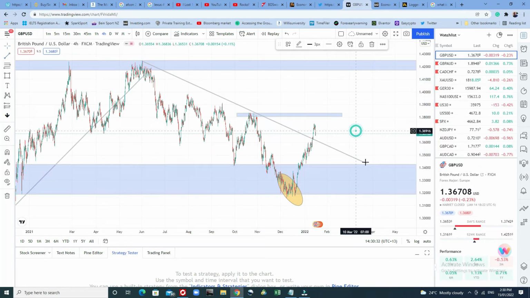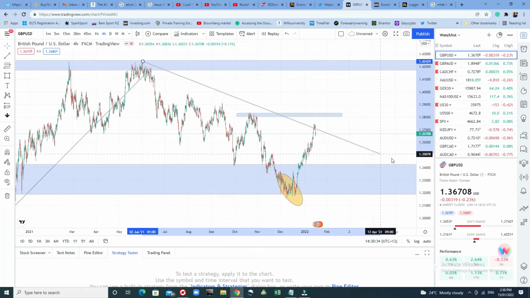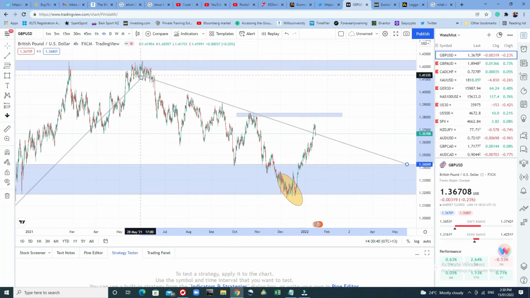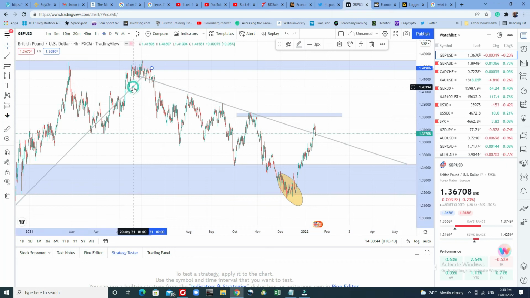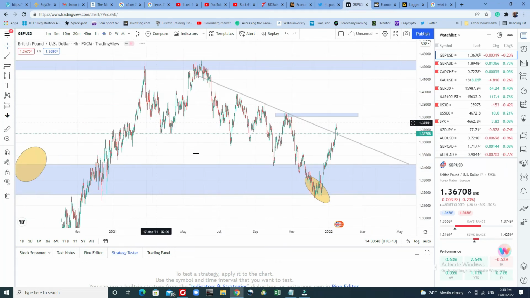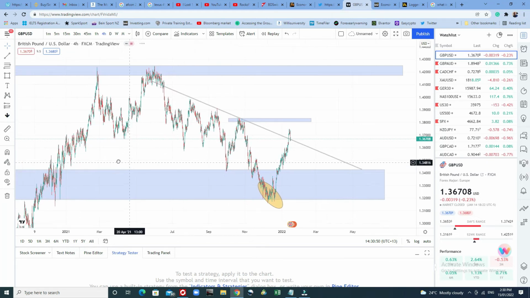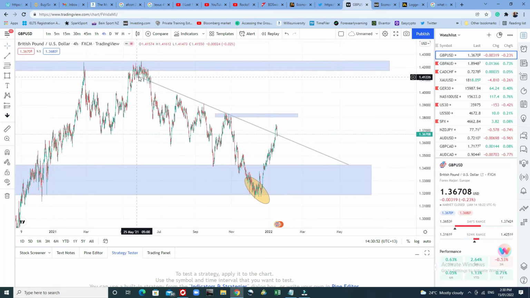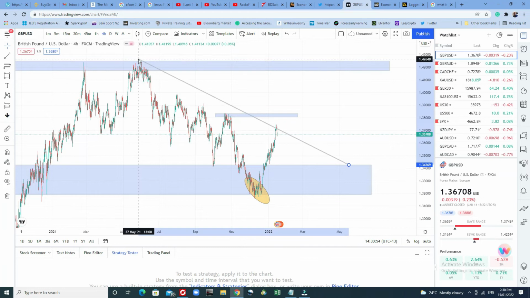So from time to time, as a trader, the market is going to give you different scenarios. Let's take this one out first. Let's focus on this. Remember, you're on the 4 hour time frame, so we're looking for opportunities now.